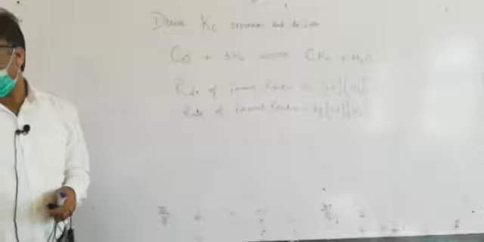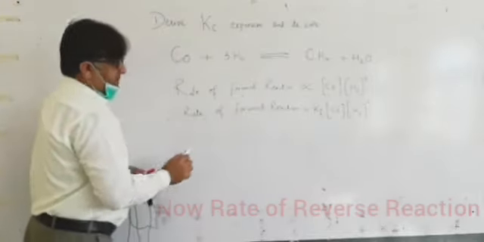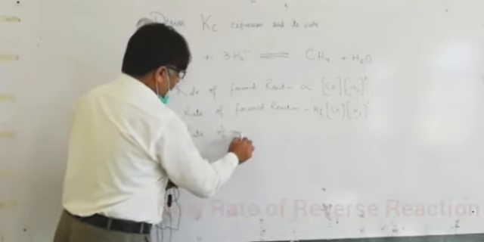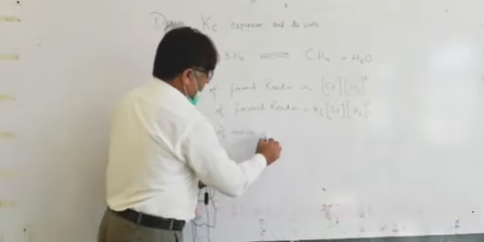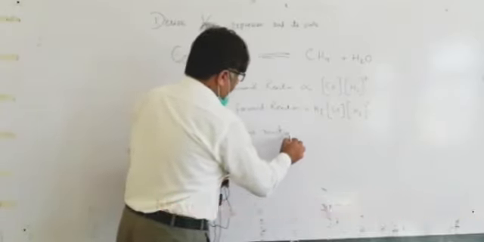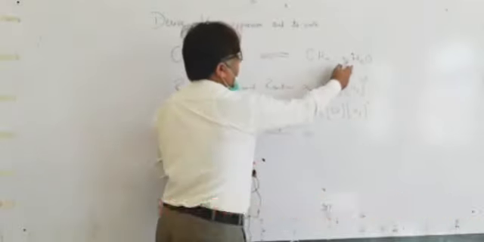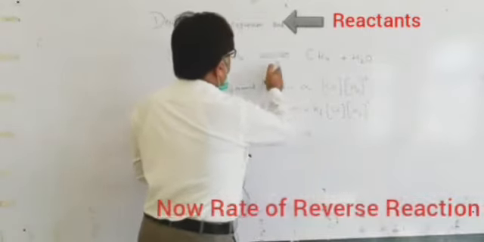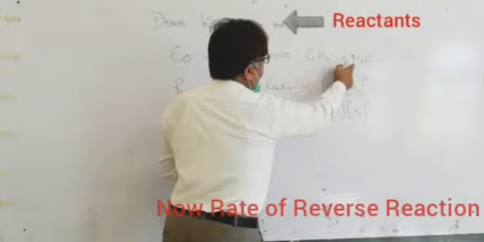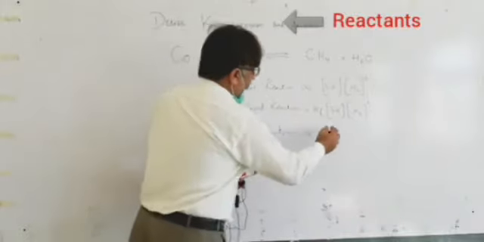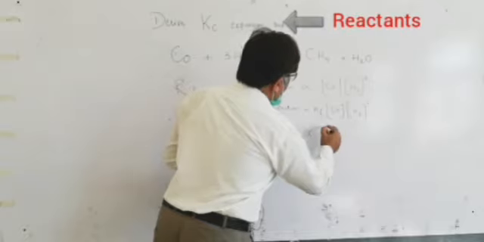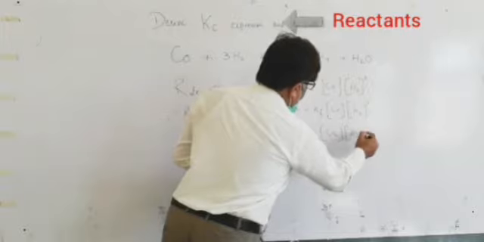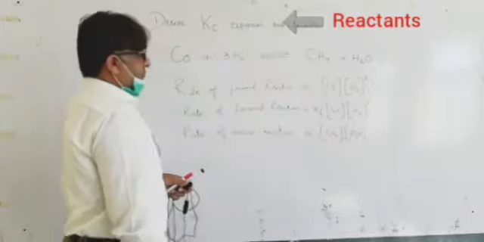Similarly, the rate of reverse reaction will be directly proportional to its reactants, because the backward direction is going in this direction, so these will be the reactants of the backward reaction: CH4 and H2O, right?